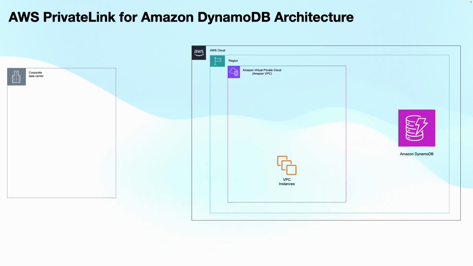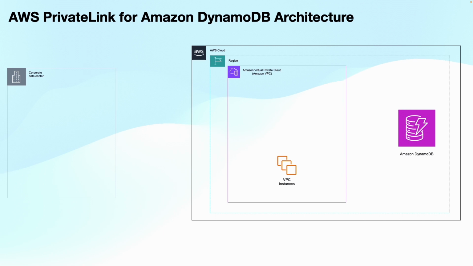So the only way for the VPC instance to access Amazon DynamoDB is either via interface endpoints that use AWS PrivateLink or gateway endpoints. As I have already talked about, if you want the low-cost implementation, you can set up a gateway endpoint connection for the in-VPC resources to access Amazon DynamoDB, and we can set up AWS PrivateLink, that is interface endpoint, for on-premises systems to access Amazon DynamoDB.